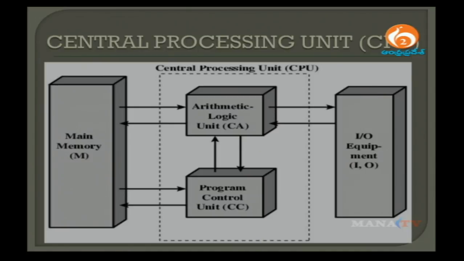I'll repeat it once again. Yes, the function of the CPU happens with the main memory, which passes the information to the arithmetic logic unit, and then passes it sequentially to the I/O equipment and the program control unit.